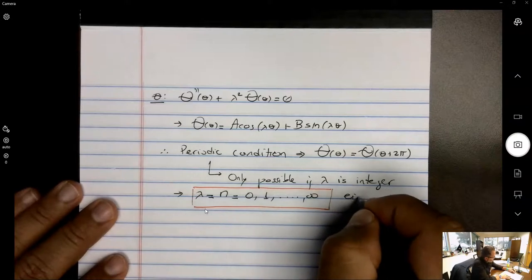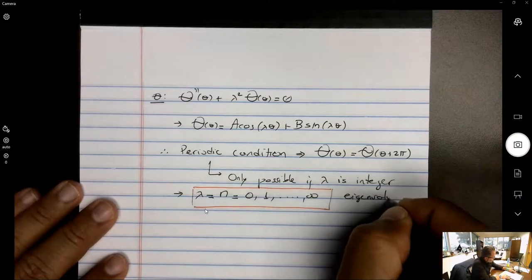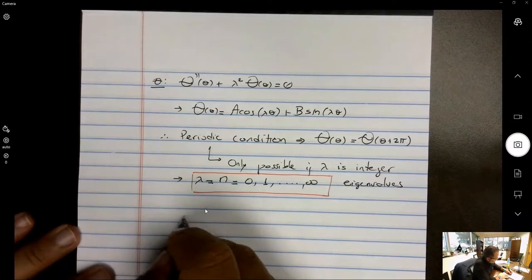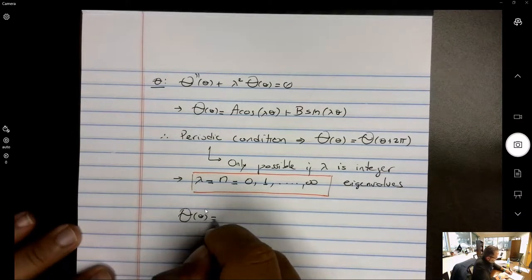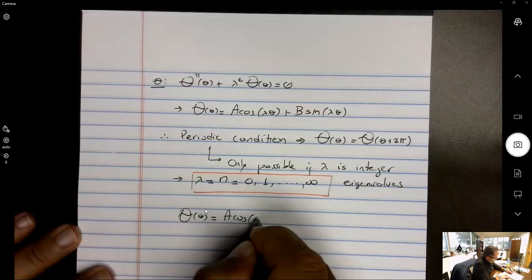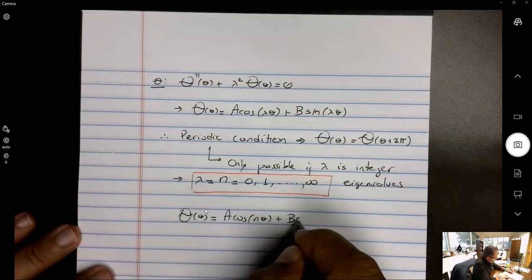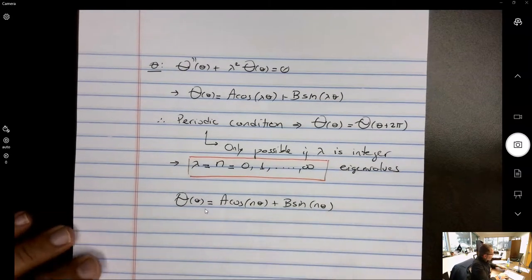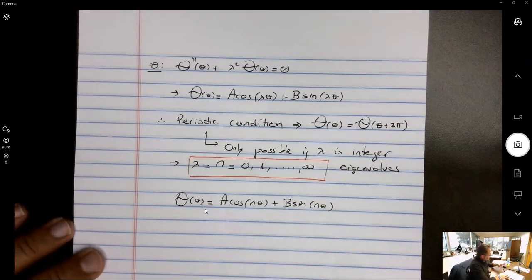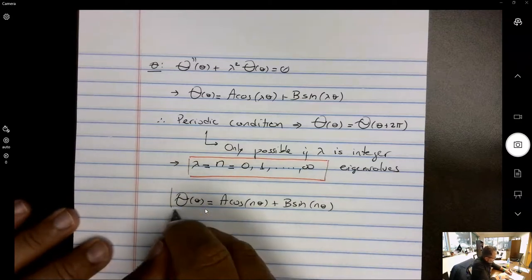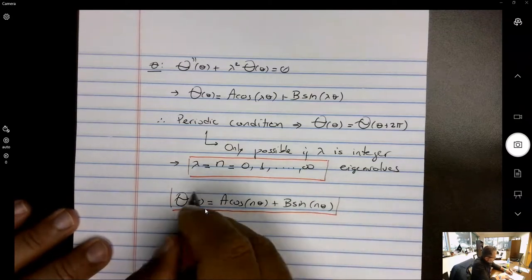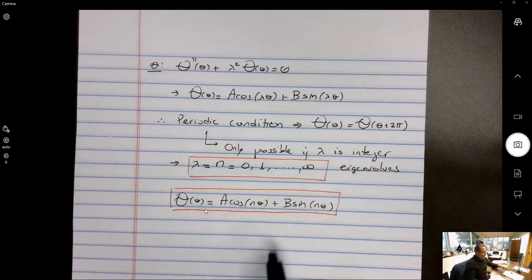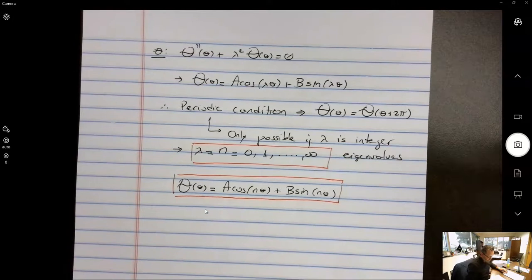They're just simply positive integer numbers. So essentially, Theta of theta is just A cosine of n theta plus B sine of n theta. Maintaining the frequency as integer numbers means that if we replace theta with theta plus 2 pi, we'll get exactly the same answer. So that's the eigenfunction. It's a combination of those two.